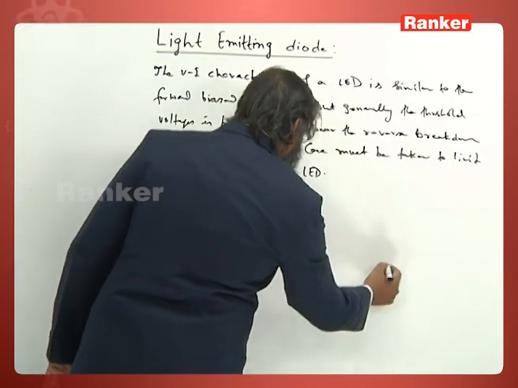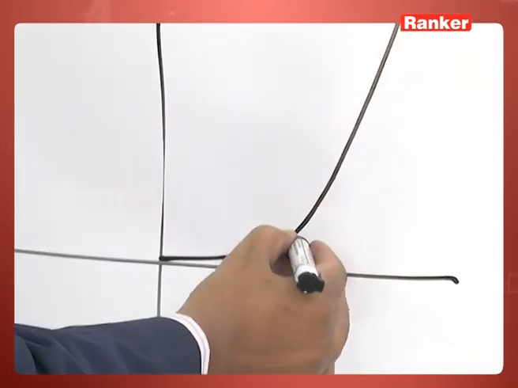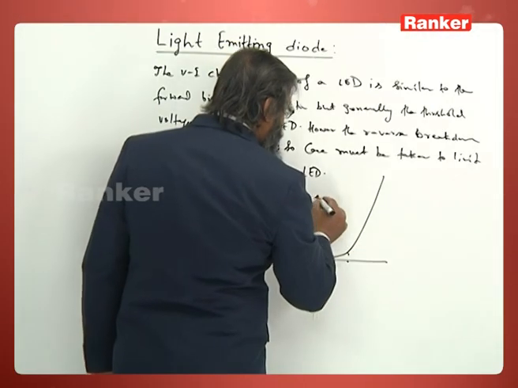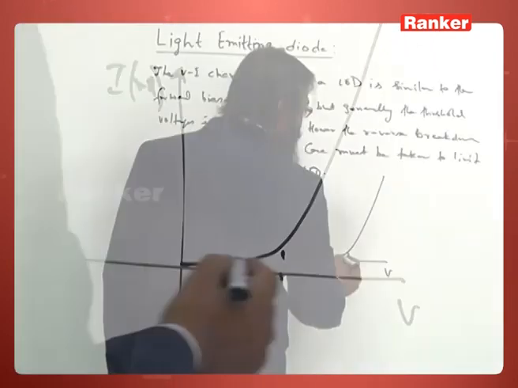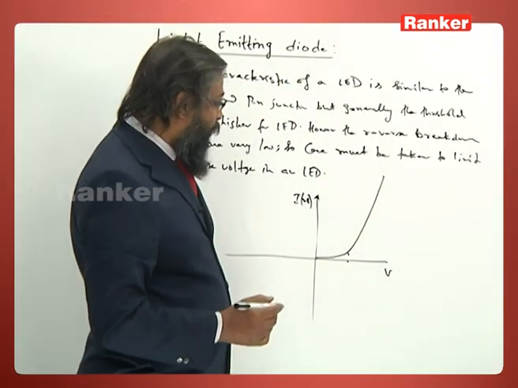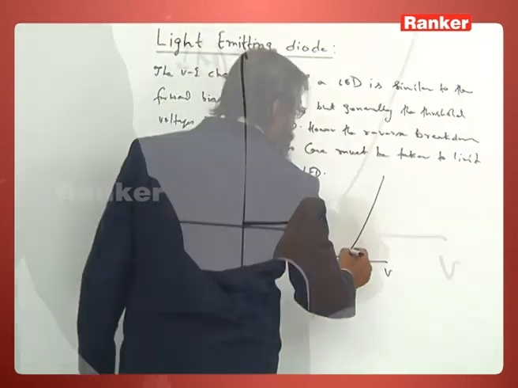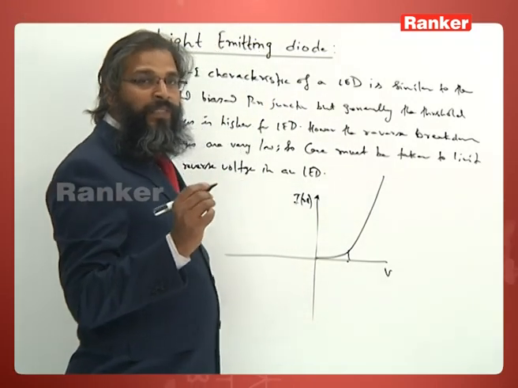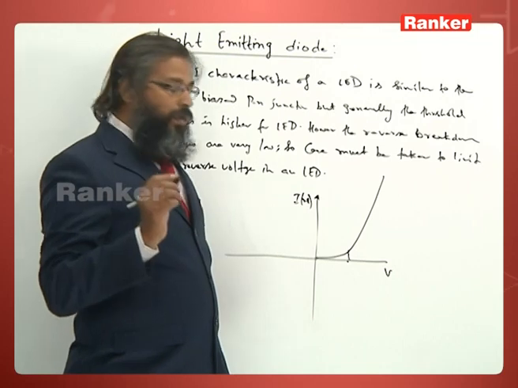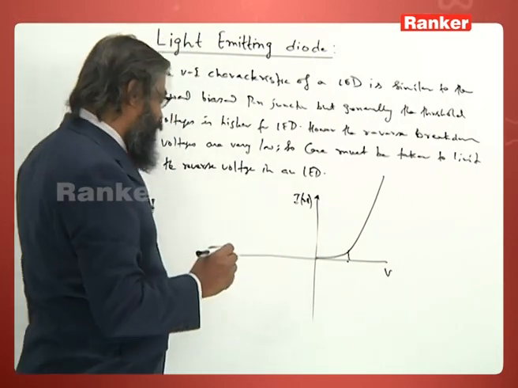So you see this is what happens. This is the threshold, this is the current in milliamperes, and this is the voltage. Generally for silicon it is 0.7, for germanium 0.3 for a normal PN junction. But here the voltage will be high because a normal PN junction has a forbidden gap of nearly 1.1 electron volt, but here the forbidden gap is somewhat larger, nearly 3 times larger.